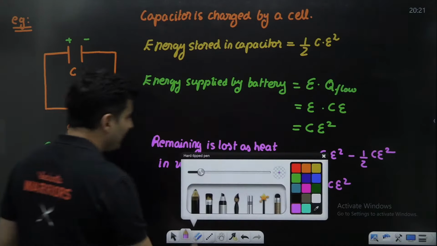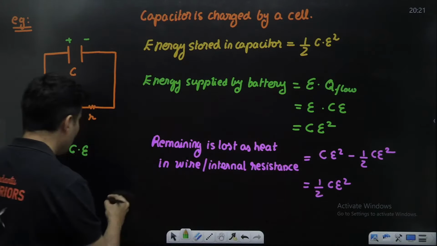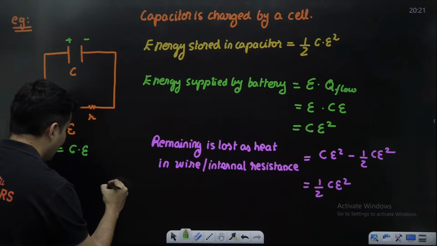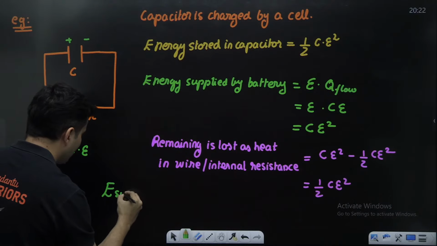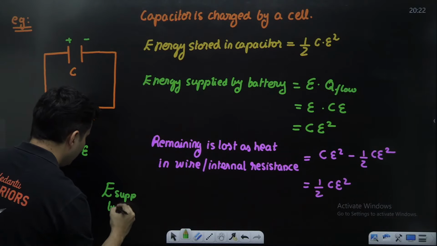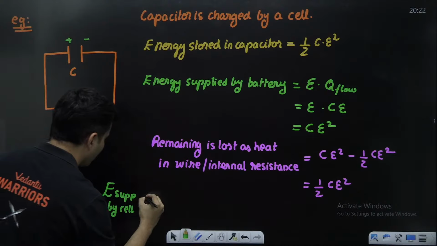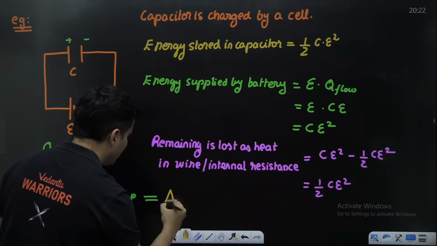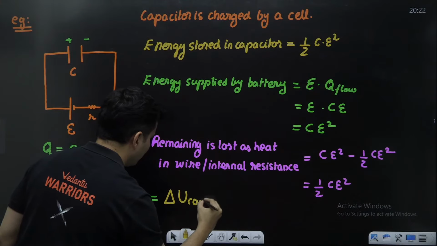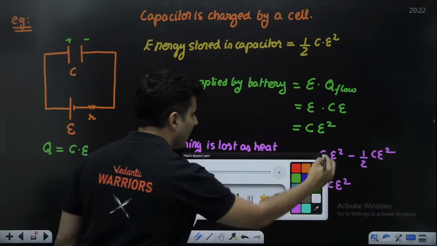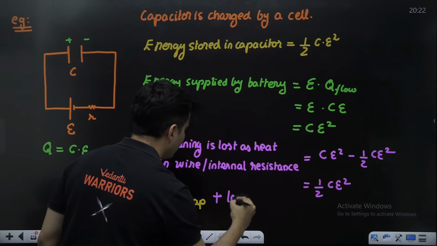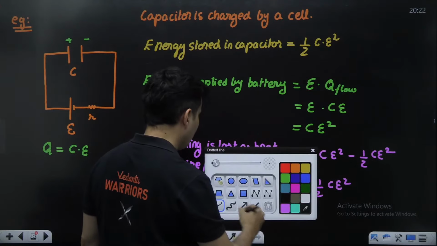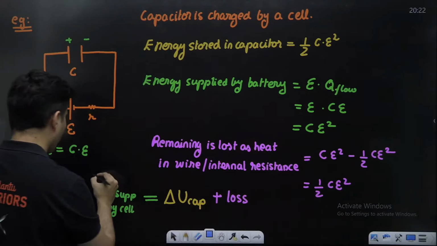In fact, always you will see this equation holding true where you will notice that the energy which is supplied by the cell will go into two things. Number one, in changing the energy of the capacitor, and the remaining will be going as the loss. This is a very, very important equation.